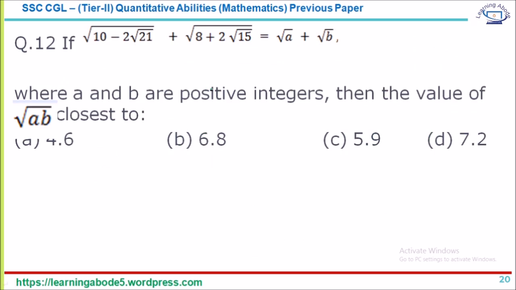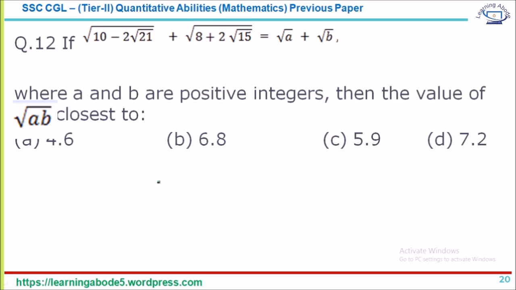So if root of 10 minus 2 root 21 plus root of 8 plus 2 root 15 is equal to root A plus root B, where A and B are positive integers, then what is the value of root AB closest to, right?